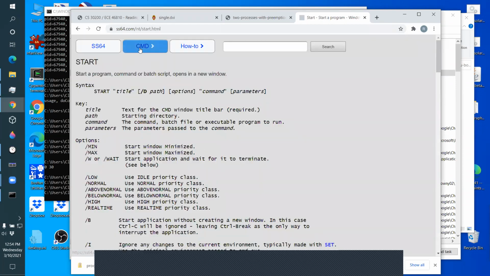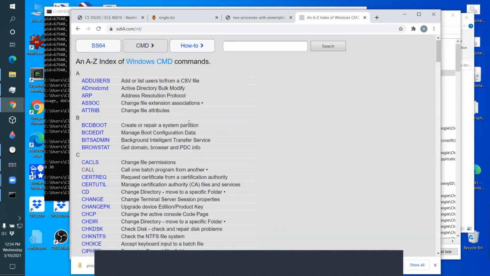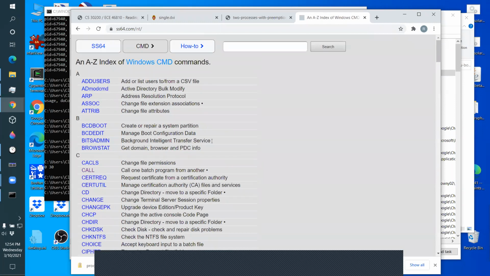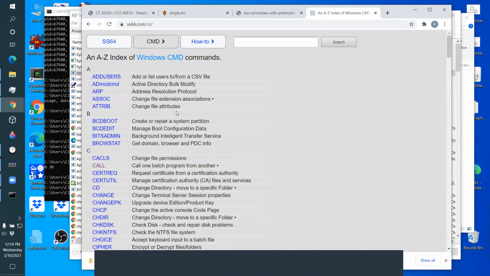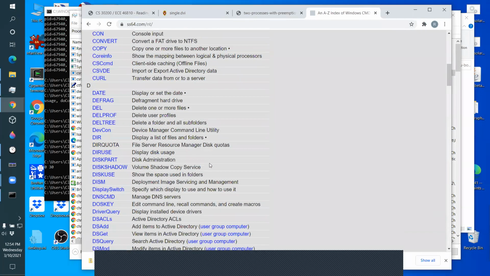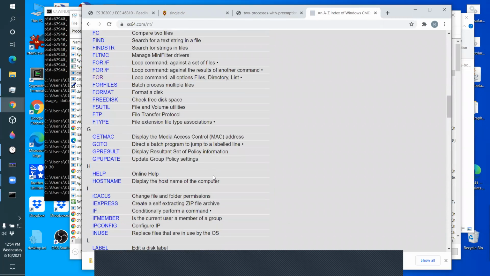This website is really good for reading about CMD. It's the single best reference on CMD that I found, better than Microsoft stuff. It's a pretty encyclopedic reference to everything you can do on the command line.